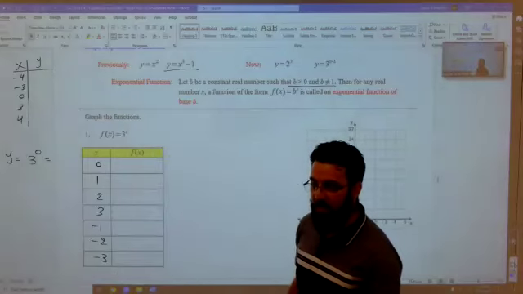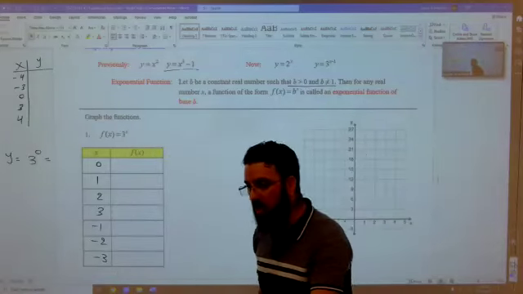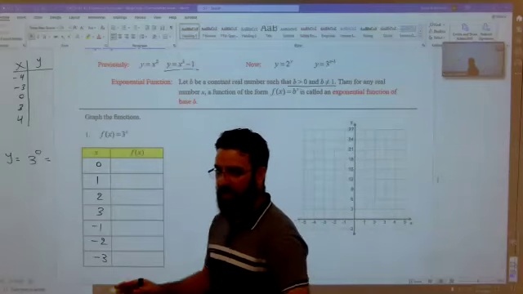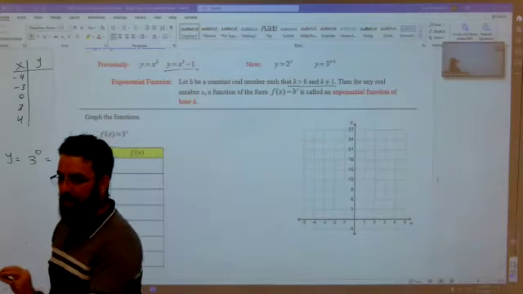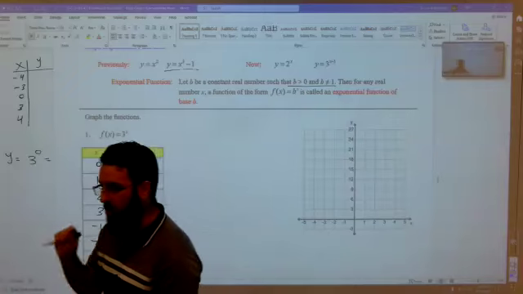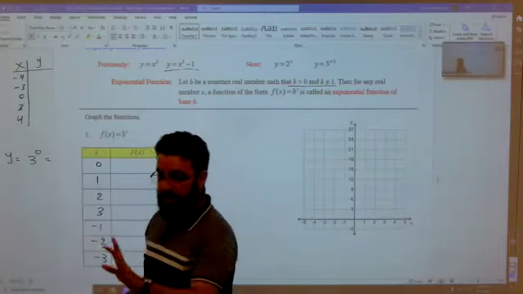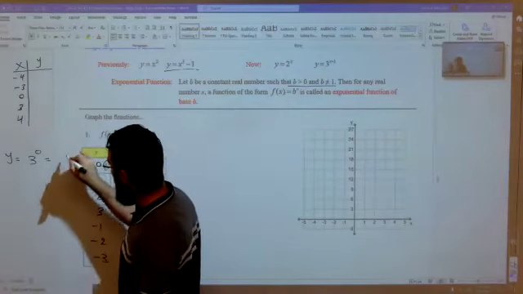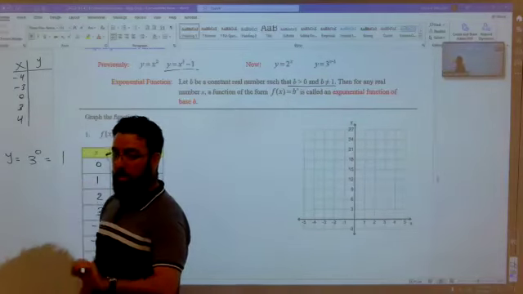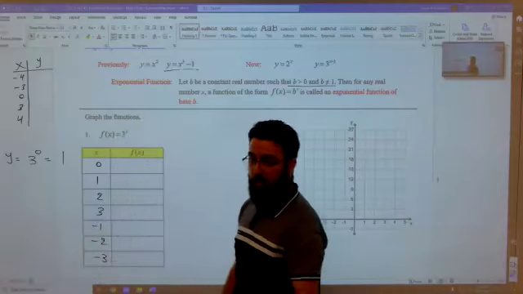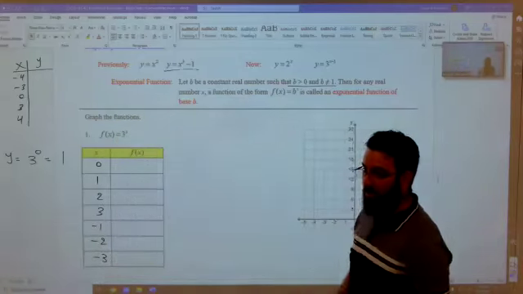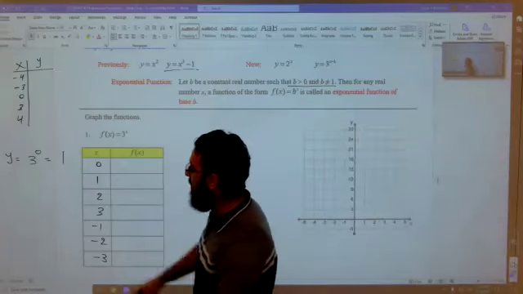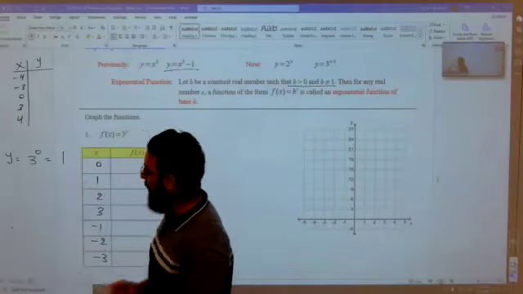How is any number to the exponent 0 equal to 1? It's simple math, don't overthink it. But it's a note: every time I see a number with exponent 0, I'm going to put 1. If you prove that, I'm going to give you extra points.